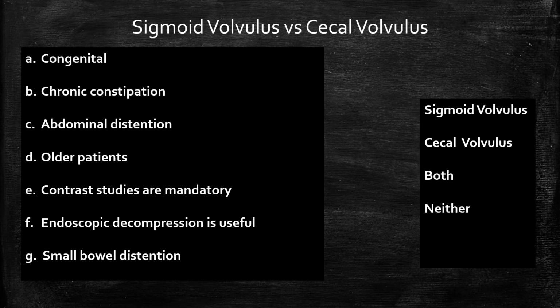They are usually our go-to imaging. Endoscopic decompression is useful only for sigmoid volvulus. It's really contraindicated for cecal volvulus. And a cecal volvulus often will present with small bowel distension, similar to what we see in a small bowel obstruction.